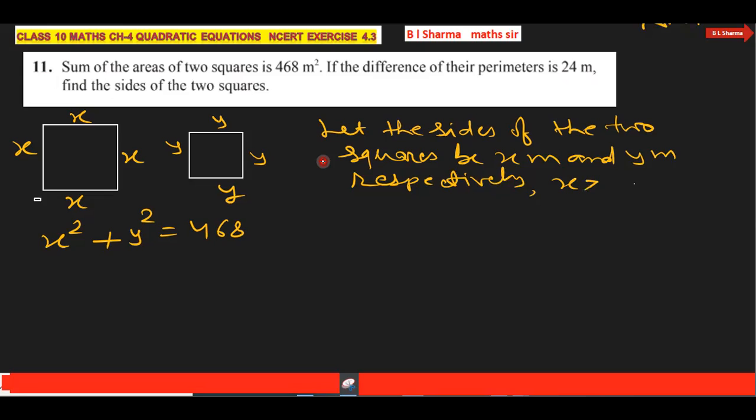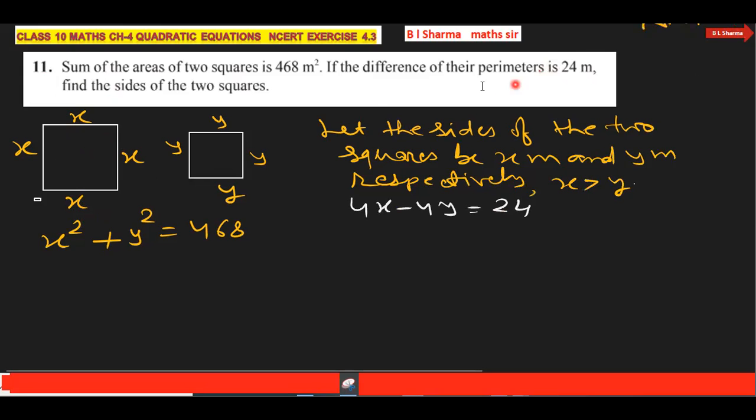And it is also given that x is greater than y. Also given perimeter of this square, that is 4 into x, means 4x, perimeter of the smaller square, that is 4y. So 4x minus 4y, that is given 24.